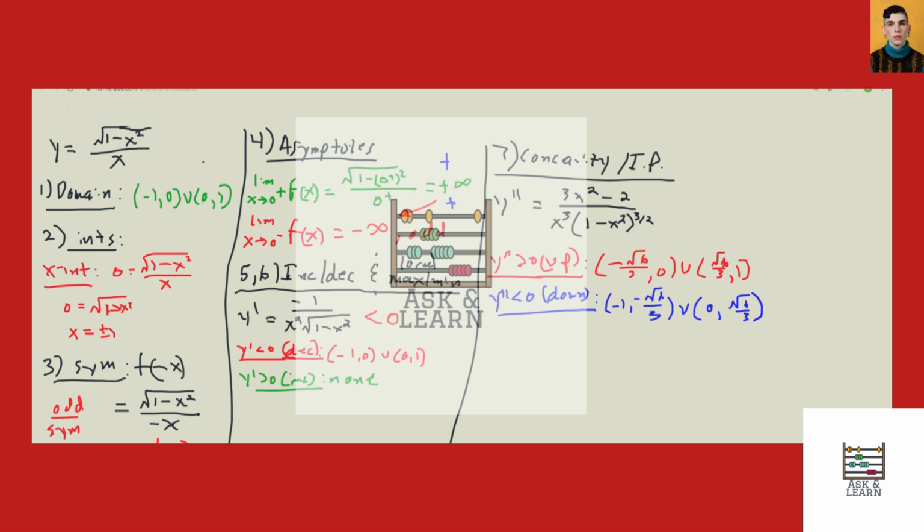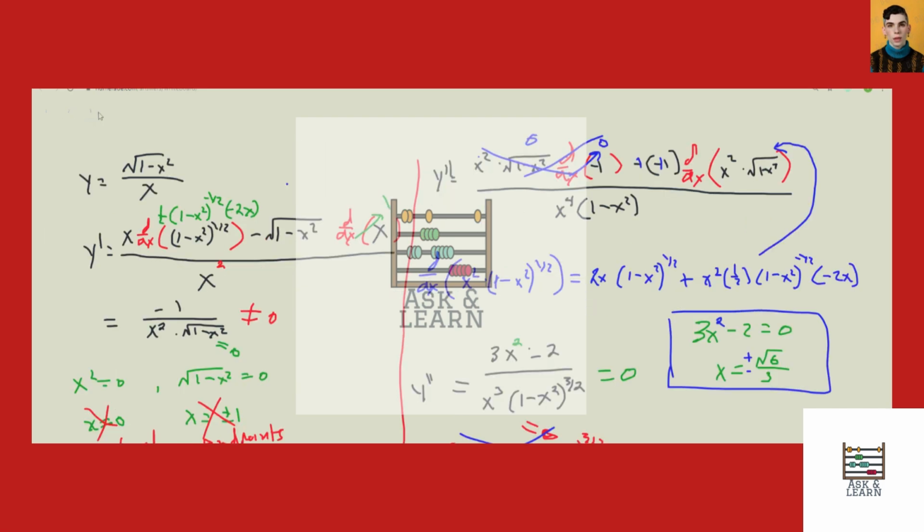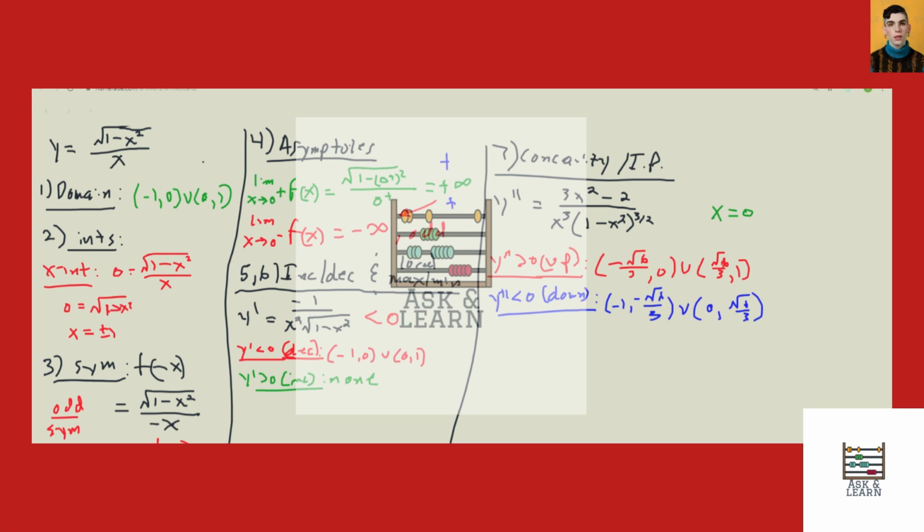All right, so now the only possible point of inflection that we got was x is equal to 0. Or actually, did we? No, our possible points of inflection were those two. So let me do that below. So we had x is equal to negative square root of 6 over 3, and x is equal to the square root of 6 over 3.